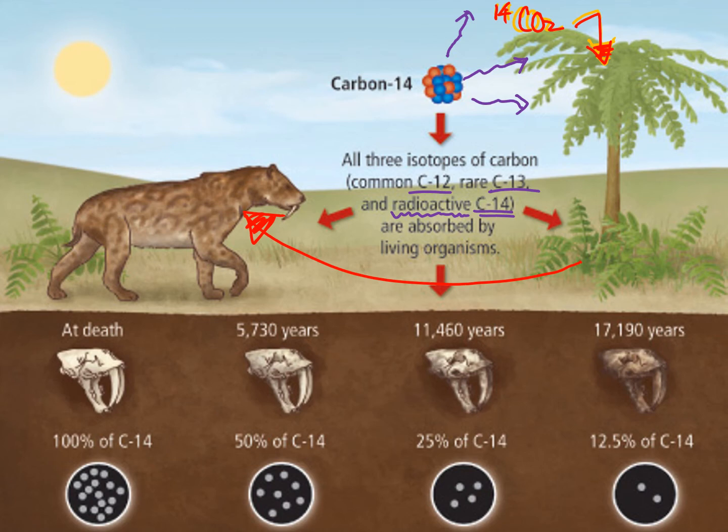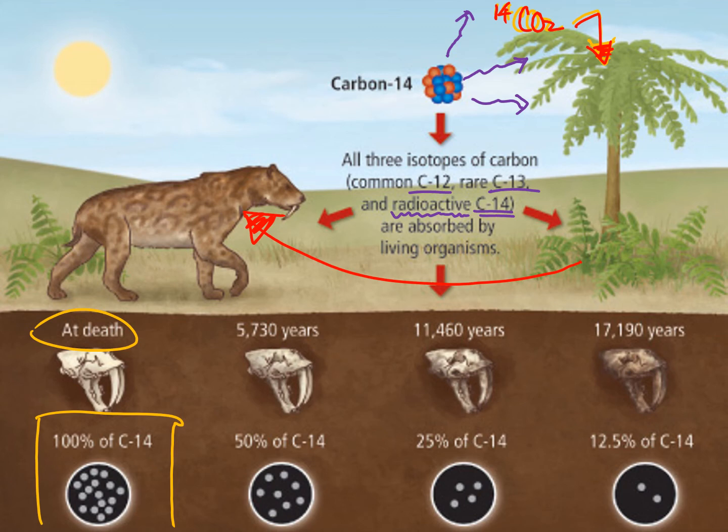We call it radioactive decay. By looking at the amount of radioactive carbon-14 left inside the body, we can know the time of death of the organism. When the organism died, it had in the body 100% of carbon-14.